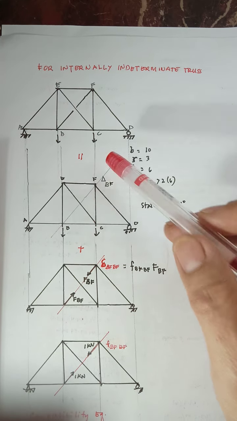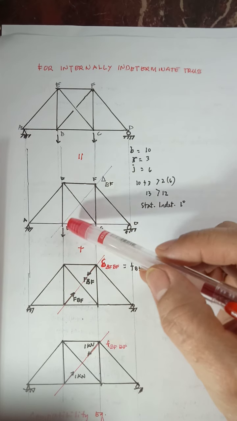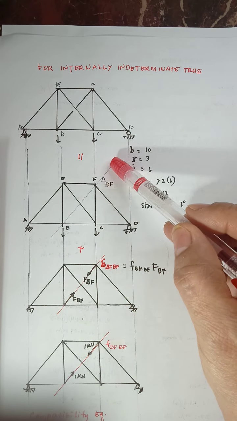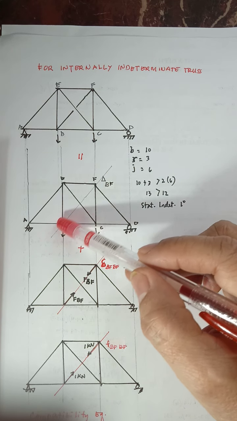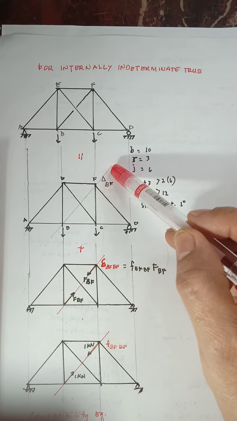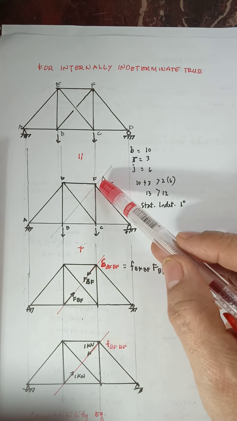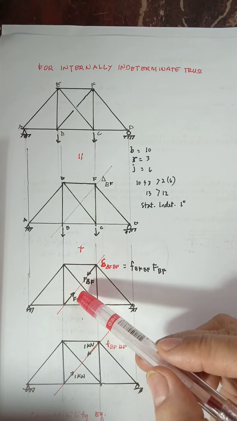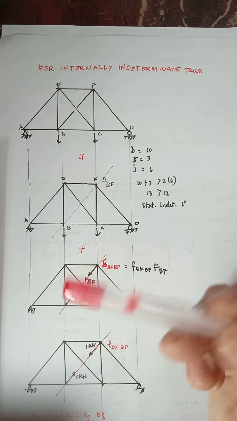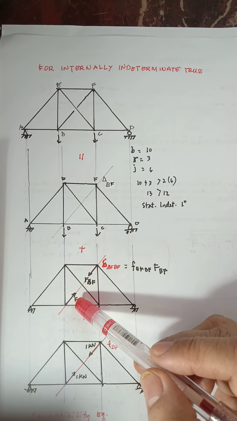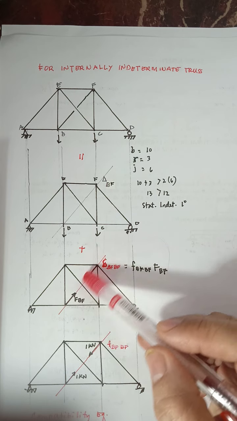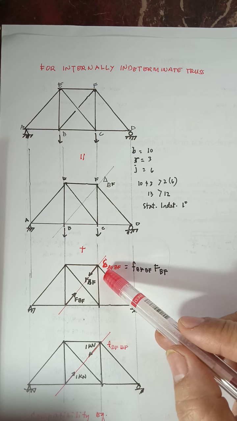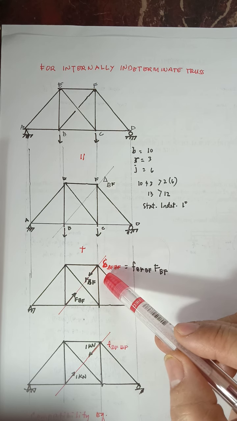When we take out the member BF, we determine now the displacement along the cut member BF. We call that delta BF. Then we apply the member BF back, since we removed it. Along this cut member, we solve for the lowercase displacement delta BF BF.